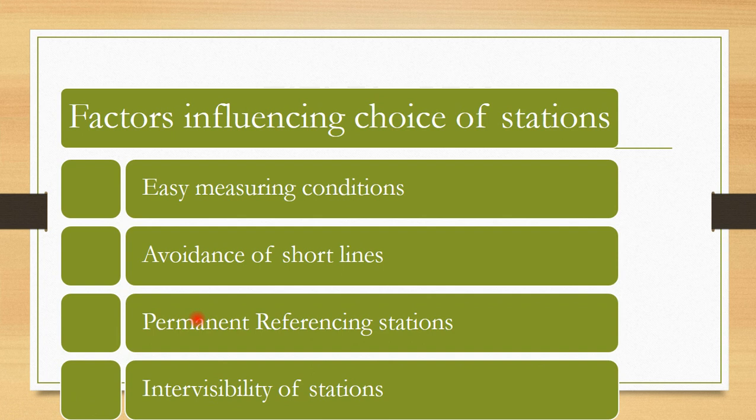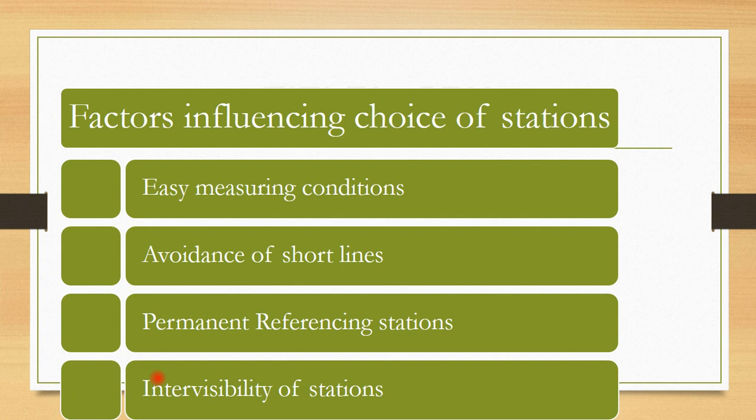And finally, another factor that may influence the choice of the station is the intervisibility of the stations. Of course, this depends on the machine that you are using to measure the distances. Where you need a clear vision to see the other point where you have fixed your target, those points are supposed to be intervisible.